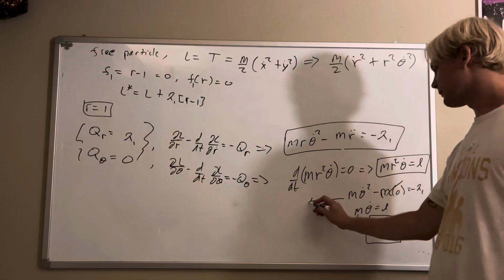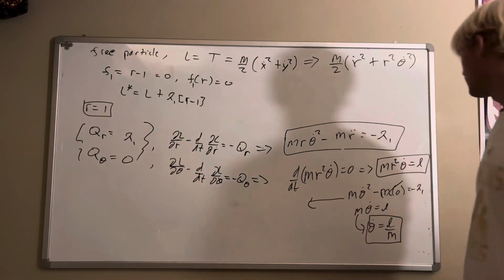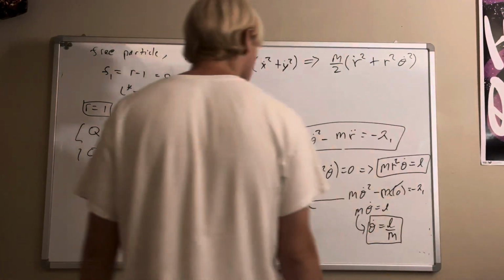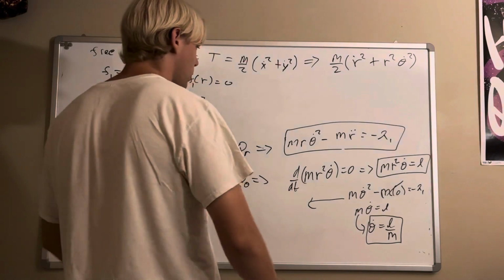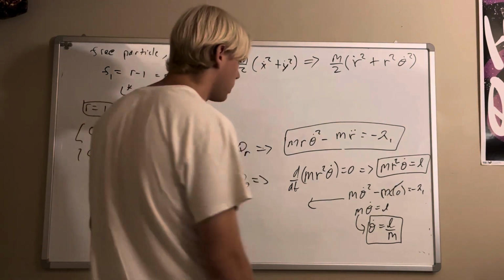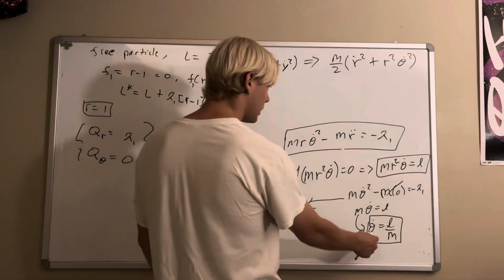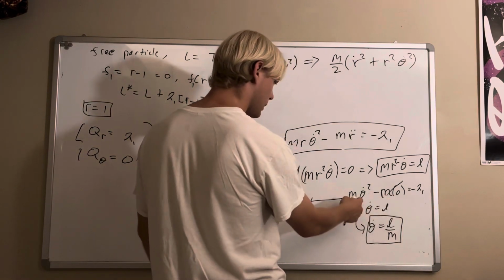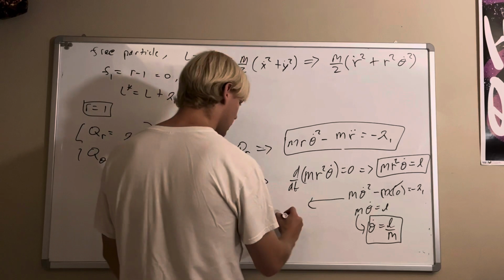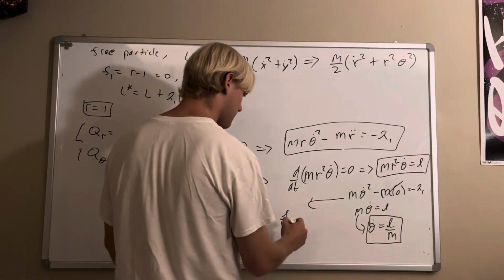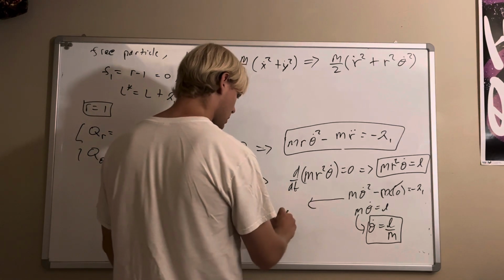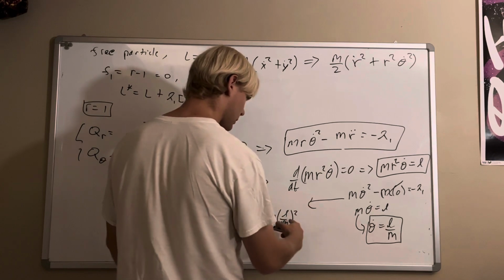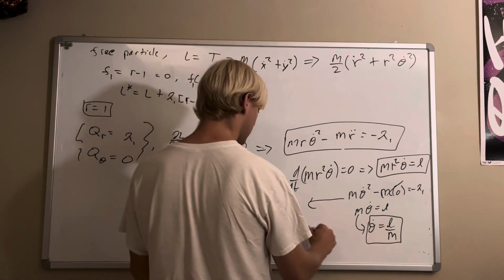And this guy gives, we could plug this quantity up there, and we get L over m times m squared is equal to negative lambda 1.